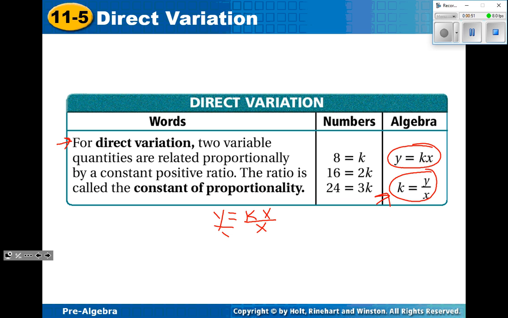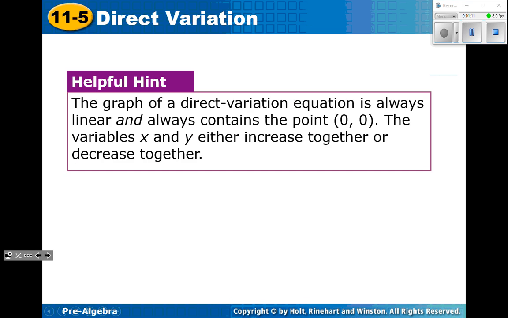Divide both sides by x, and you have y over x equals k, or k equals y over x. This form is useful when you are trying to find k, because k has been solved for here. I know you don't understand yet, but just keep paying attention and you'll get it.